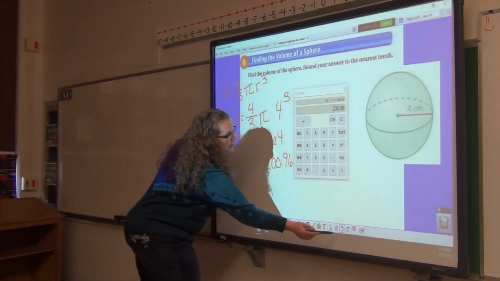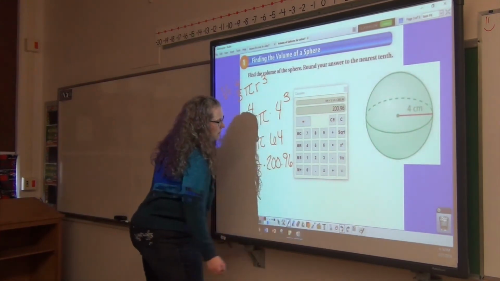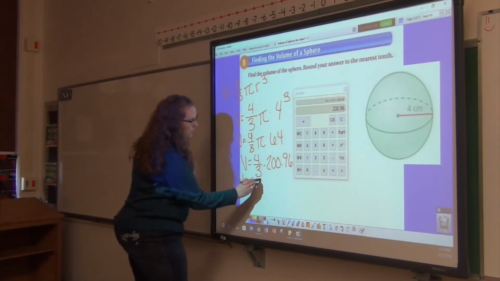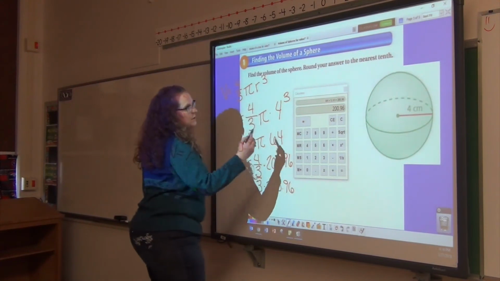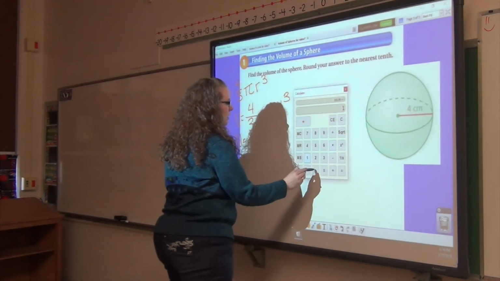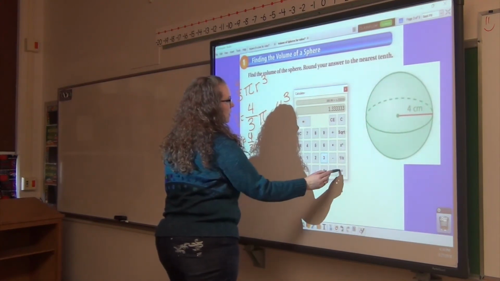No, I'm going to write it the same way I already had it, right? All right, 1.3 with the 3 repeated times 200.96. So 200.96 times 1.3. If we put 3 in here enough times, it should repeat, right? There we go.